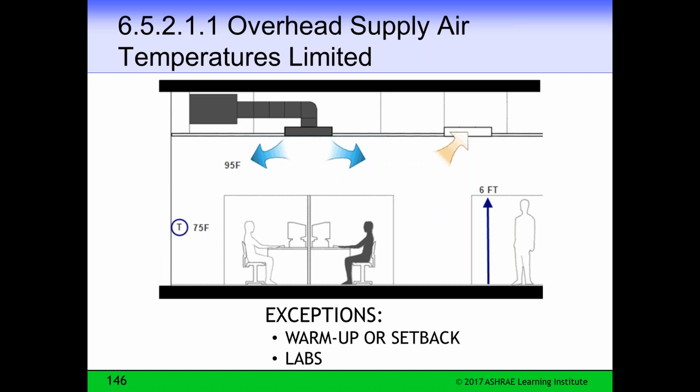Most VAV systems have a ceiling supply and return. So they're saying that this hot air would not fall into the breathing zone, and so you cannot make it any hotter than 15 degrees higher than the thermostat set point.